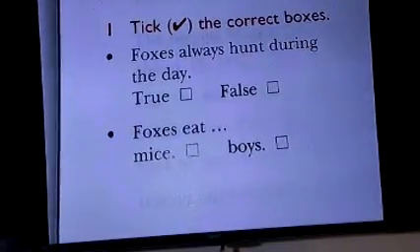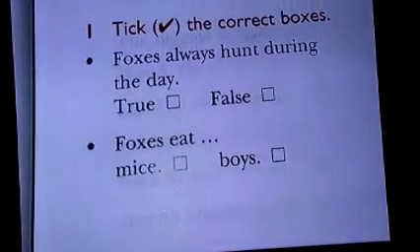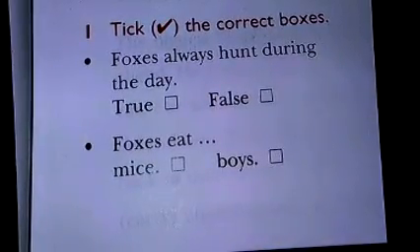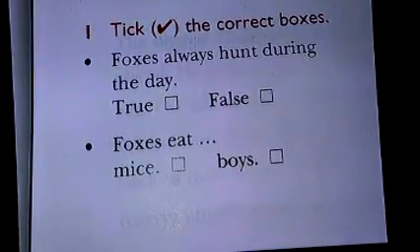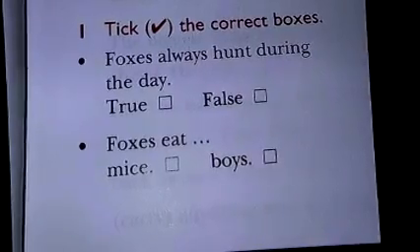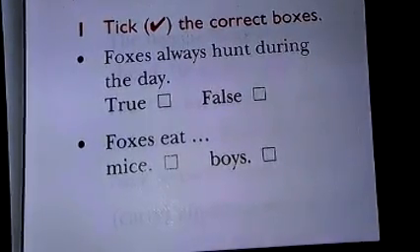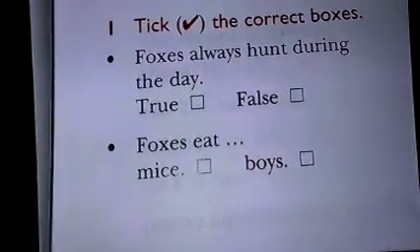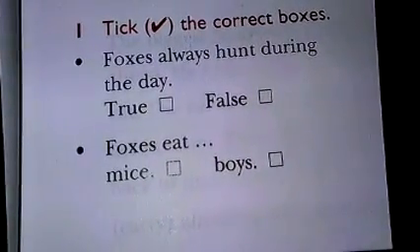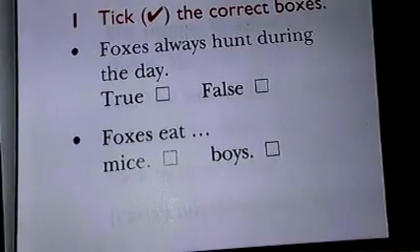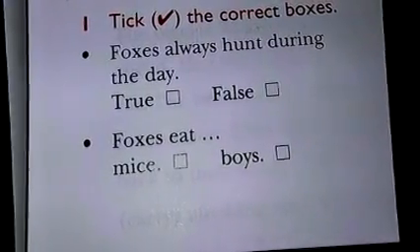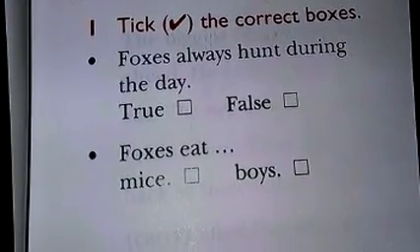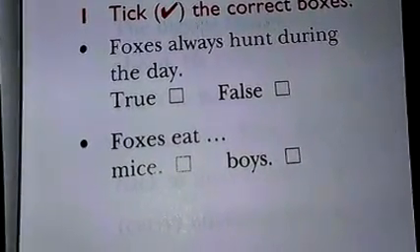Foxes eat mice or boys? Foxes eat mice. True, is it not? So foxes, what is it? Foxes is plural, and therefore the verb will be in the plural form.